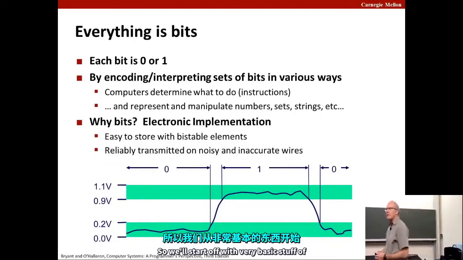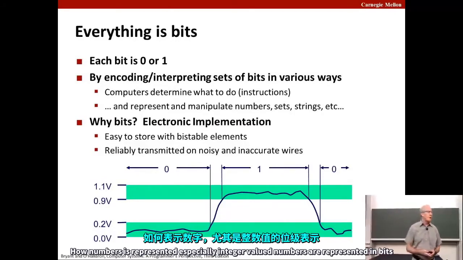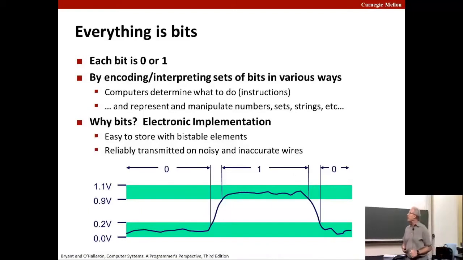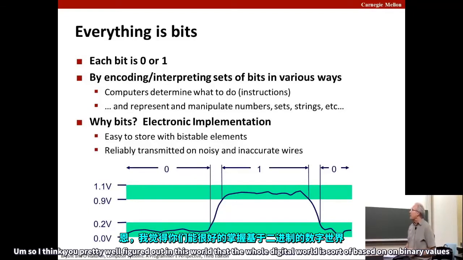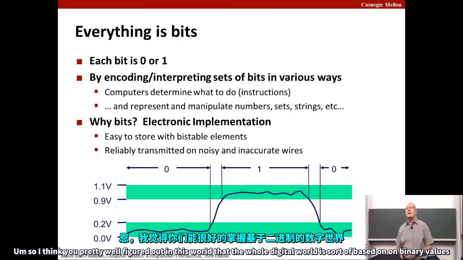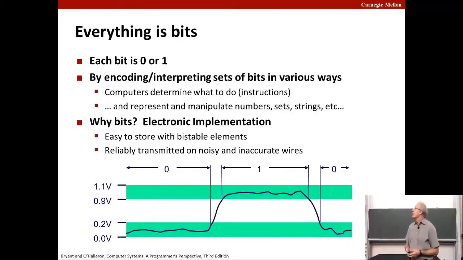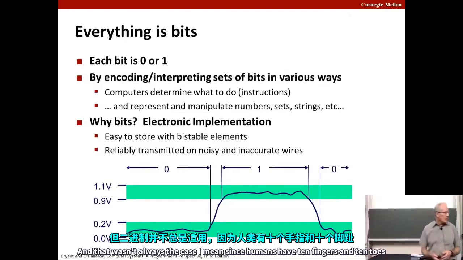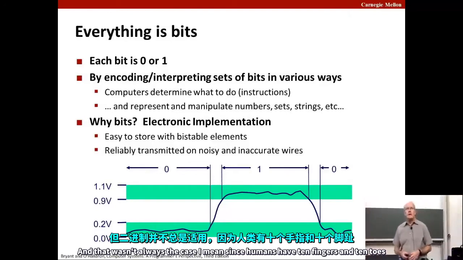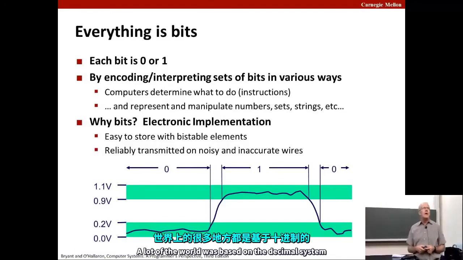So we'll start off with very basic stuff: how numbers, especially integer valued numbers, are represented in bits. I think you've pretty well figured out that the whole digital world is based on binary values, and that wasn't always the case. Since humans have 10 fingers and 10 toes, a lot of the world was based on the decimal system.